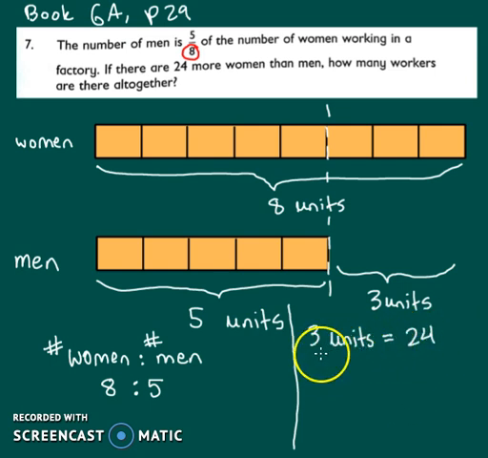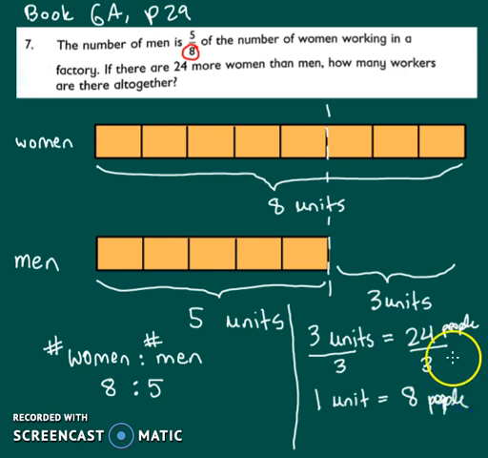How do we get from 3 units to 1 unit? We divide by 3, and then we'll have to divide the other side by 3 as well. I'm just going to write people here. So then we will discover that 1 unit is worth 24 divided by 3 is 8 people.